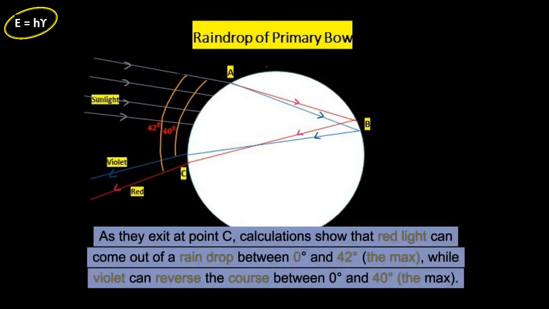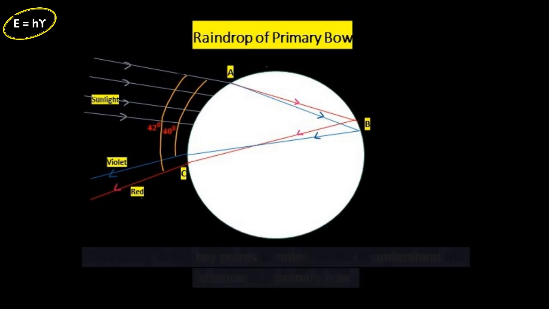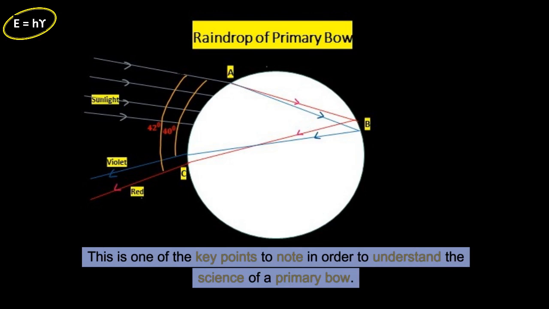As they exit at point C, calculations show that red light can come out of a raindrop between 0 degrees and 42 degrees, the max, while violet can reverse the course between 0 degrees and 40 degrees, the max. This is one of the key points to note in order to understand the science of a primary bow.